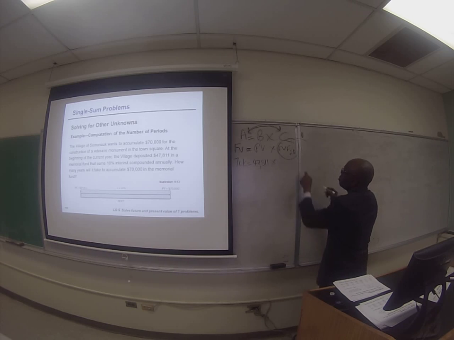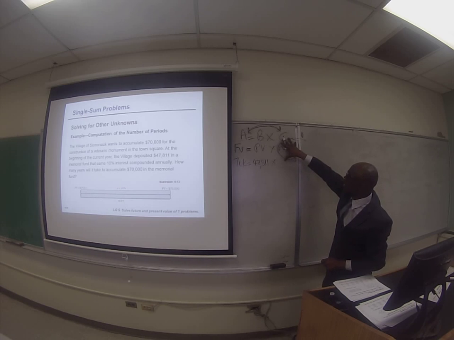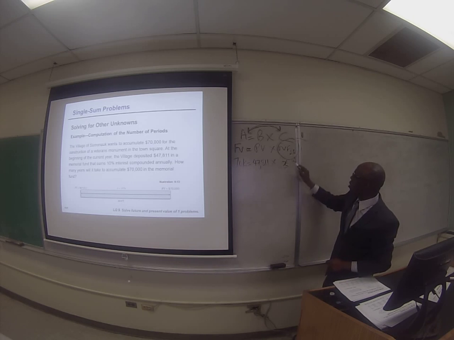What are we looking for? We are looking for the number of periods. That is missing. But we know the interest rate, and we know the interest rate is 10%. So if we know one of these 2, then this whole is missing. So we have X here. We are going to go ahead and work this out.